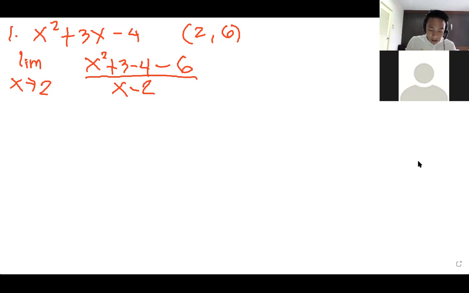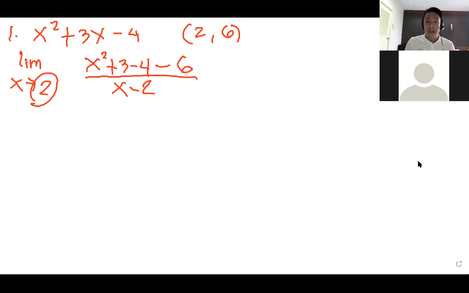Now, let us see if we can use the substitution property. Since we have 2 as x, we cannot use that because 2 minus 2 is 0. It will give us an undefined answer, so we cannot.